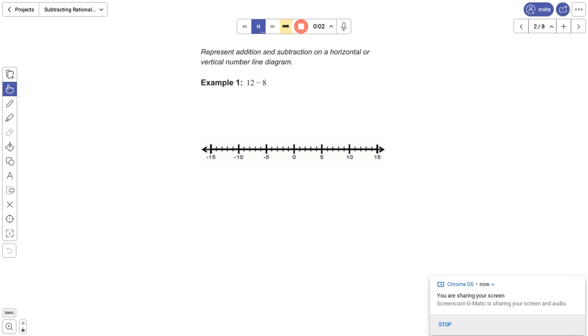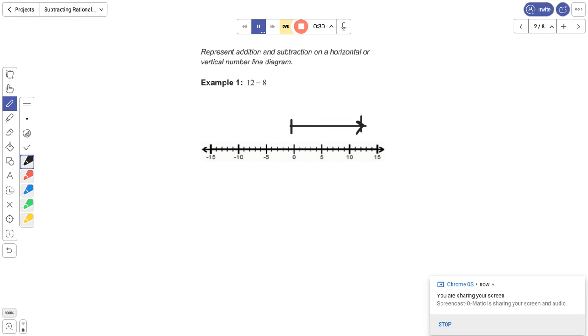In this first example, 12 minus 8, I would like to show how to represent subtraction on a horizontal number line. So in this example, if I start at 0 and I go up to 12, I then want to take away 8.